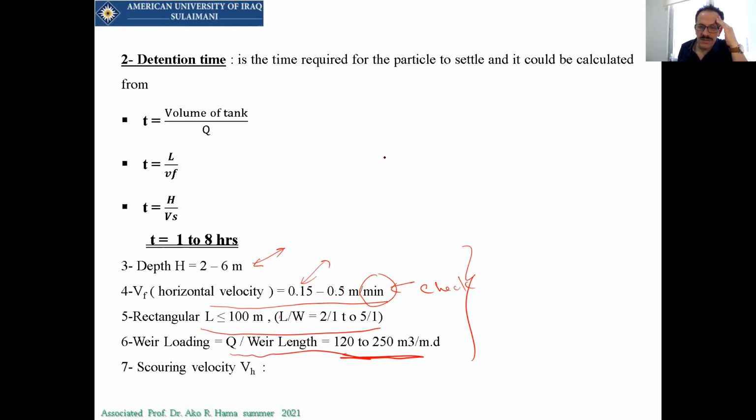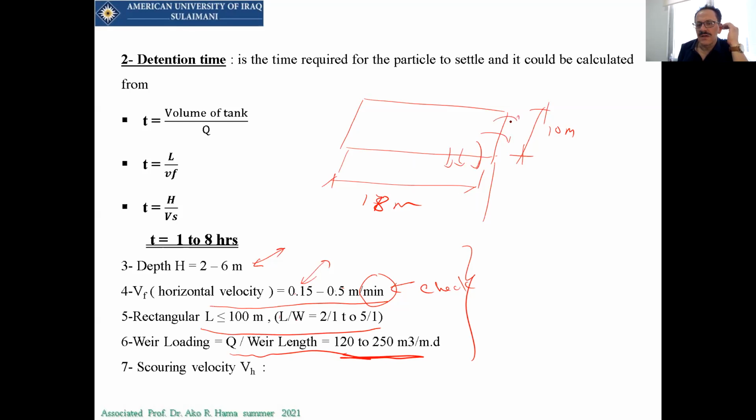When you are designing, for example, in our case, we have the length of the tank. I think the width was 10 meter, right? And the length was about 17.18 meter, right? So when the water is coming overflow of this tank, there should be a weir here.